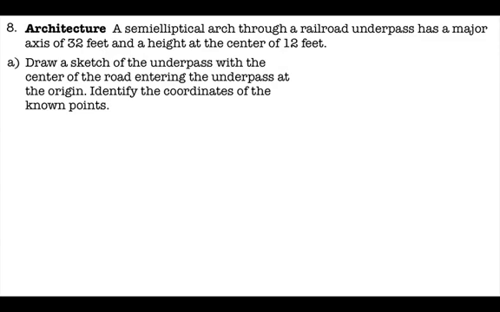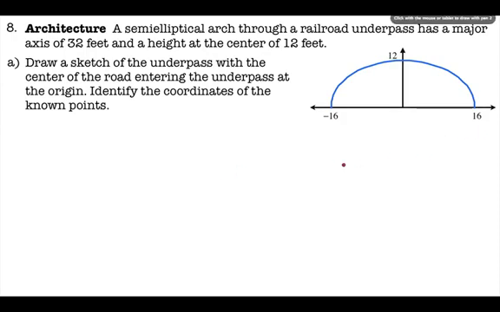Identify the coordinates of the known points. So let me give you the sketch. This is the coordinate value of 16, 0, negative 16, 0. This is 0, 12. So we're done with part A.